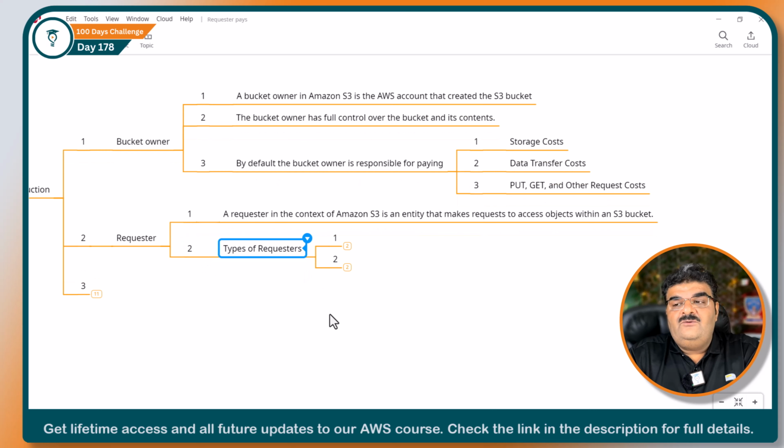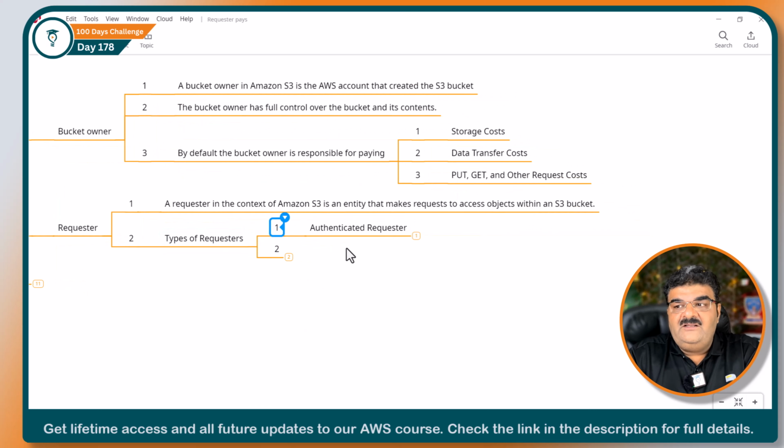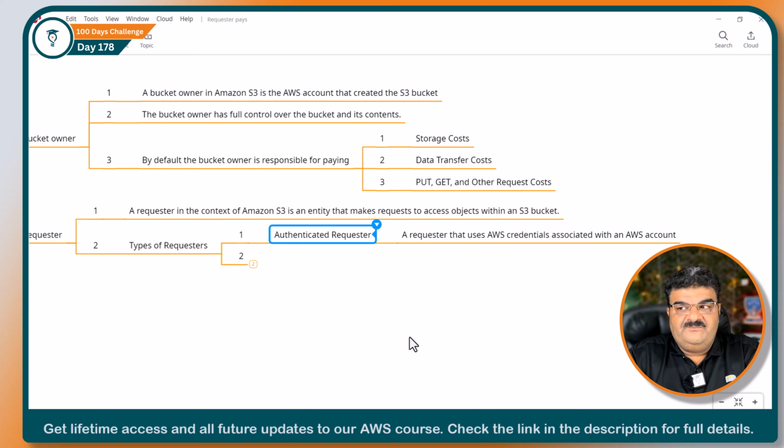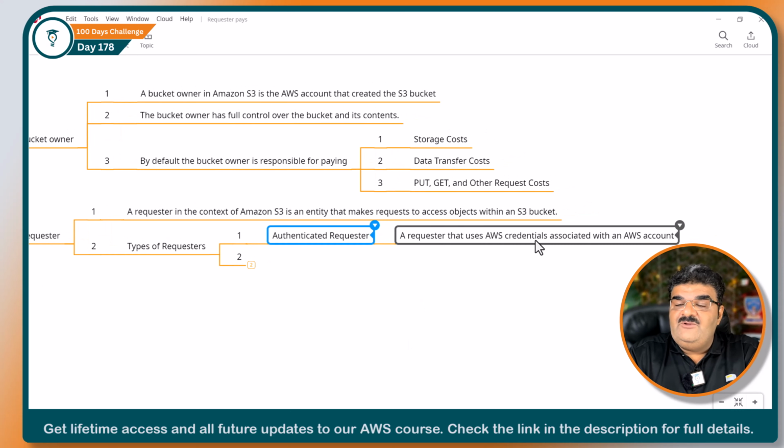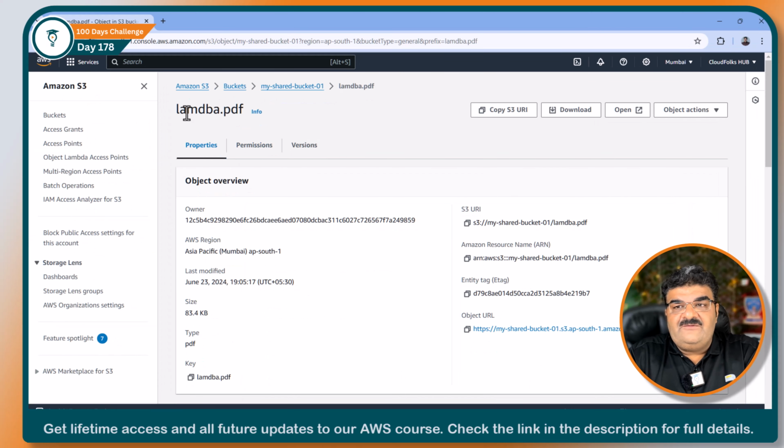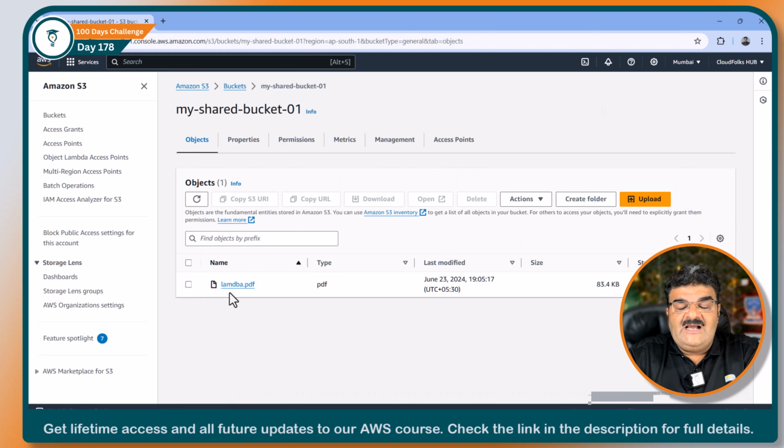Now we have 2 types of requester. One, authenticated requester. A requester that uses AWS credentials associated with an AWS account. I want to share this particular lambda.pdf file with you guys, but there is a condition. If you have an AWS account, then you can access this.